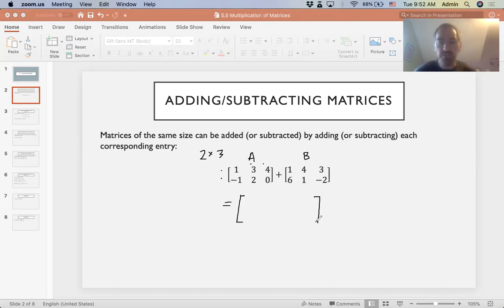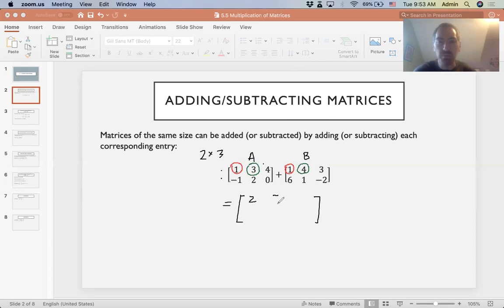All right, and we said that all we're doing is adding the corresponding entry. So we're going to take that first entry in the first row, first column of matrix A, and add the first row, first column entry in matrix B to get 1 plus 1, 2. And we'll do the same thing for the second entry in the first row. We'll add 3 plus 4 to get 7.